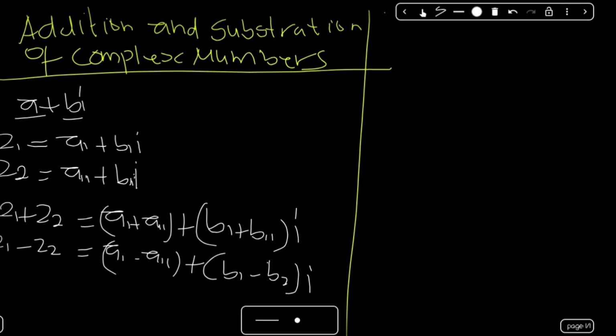Someone may ask, why do we have addition here? The reason we have addition here is that though we are subtracting, it does not affect the relationship between the real number and the imaginary number.